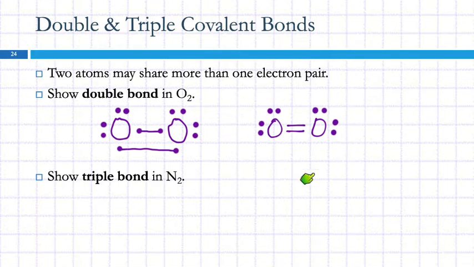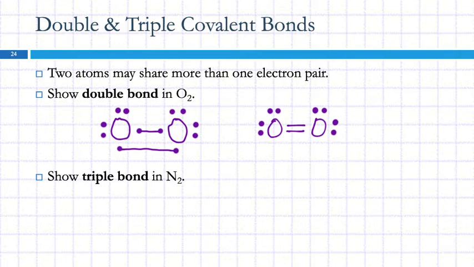So in oxygen, how many lone pairs are there? There's 4 lone pairs. 1, 2, 3, 4. How many bonding pairs? 2 bonding pairs. Okay. So this is a double bond.